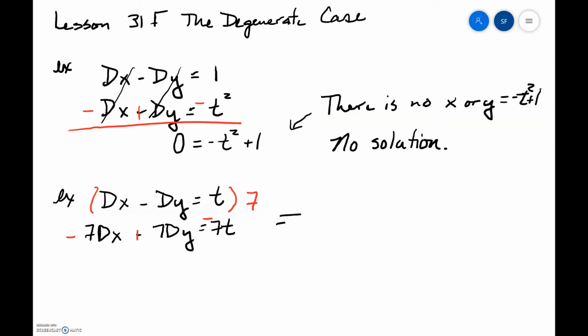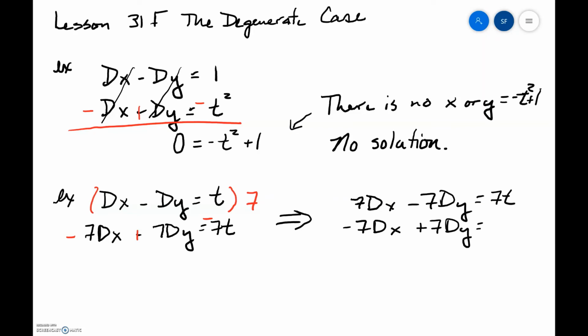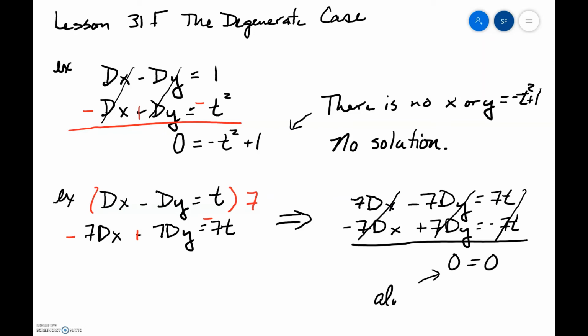When we solve that, we get 7 dx minus 7 dy equals 7t, and negative 7 dx plus 7 dy equals negative 7t. In this case, everything canceled out. And so we get 0 equals 0, which says it's always true.